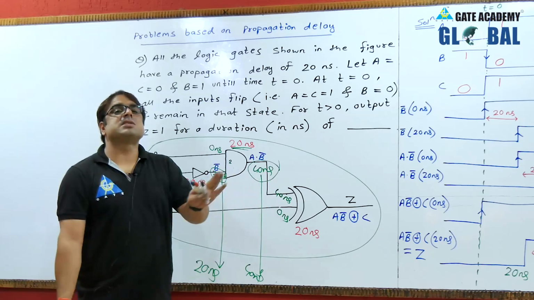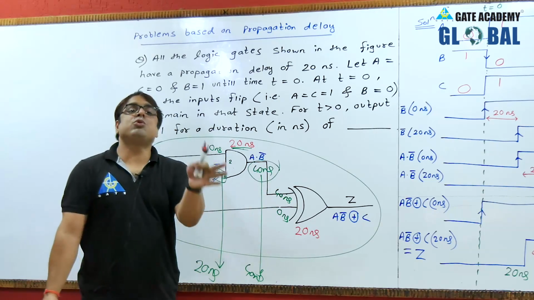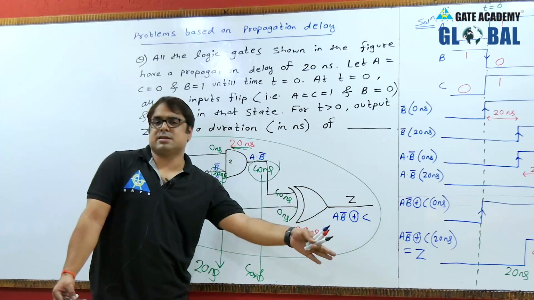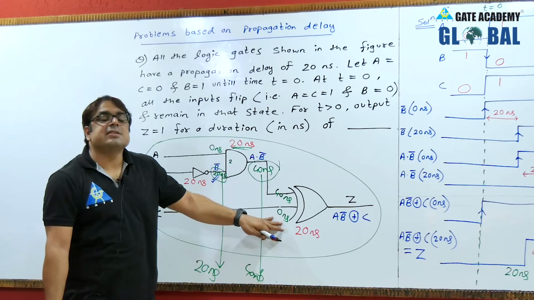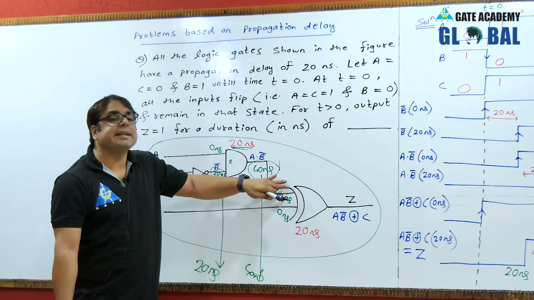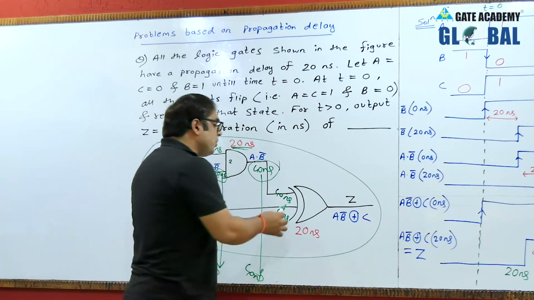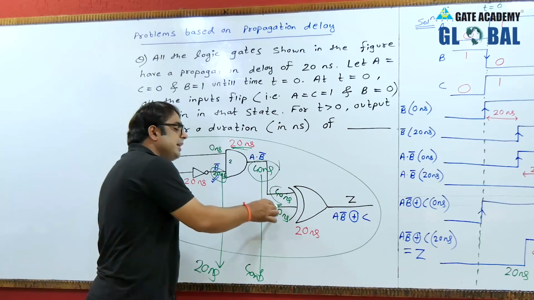All the inputs will be stable by 40 nanoseconds. You have to wait for the last possible input to get stable. So 0 nanoseconds is not important here; whatever is the maximum of 0 and 40 nanoseconds is important. The last input to get stable in this XOR gate is after 40 nanoseconds.